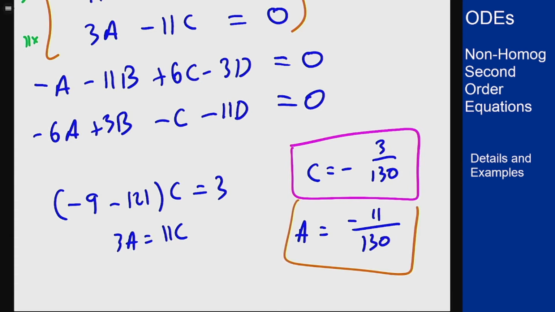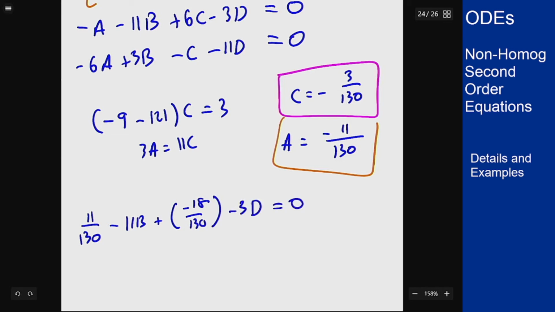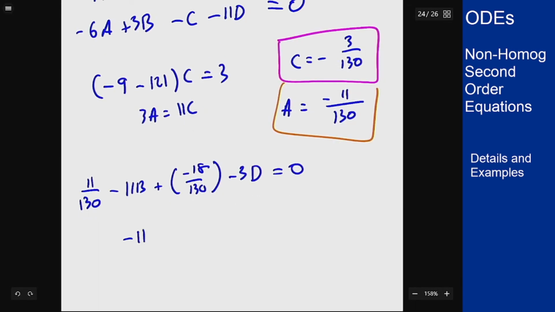I can work those two into the third and fourth equations to give me another two equations, a known system to solve for b and d. And so if I do that, I will get 11 over 130 minus 11b plus negative 18 over 130 minus 3d equals 0, or negative 11b minus 3d equals 7 over 130.